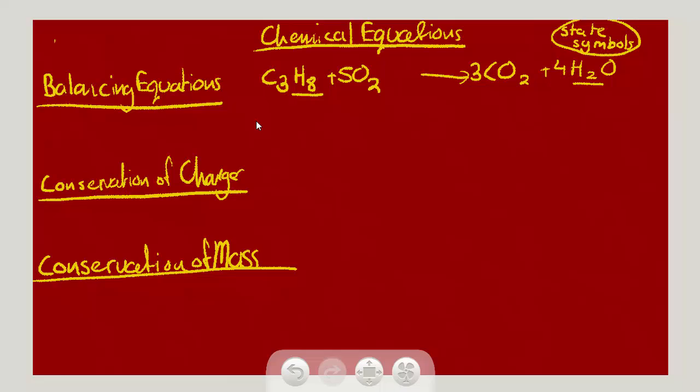Then regarding oxygen, we have 2 here, multiplied by 3, so 6, and then 1 here multiplied by 4, so 10. And then we have 2 here, so 10 on the product side, and 10 on the reactant side, 5 times 2.